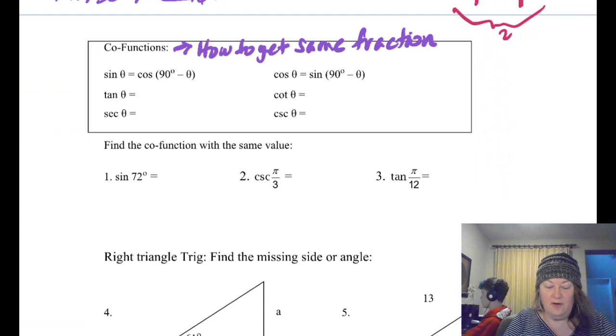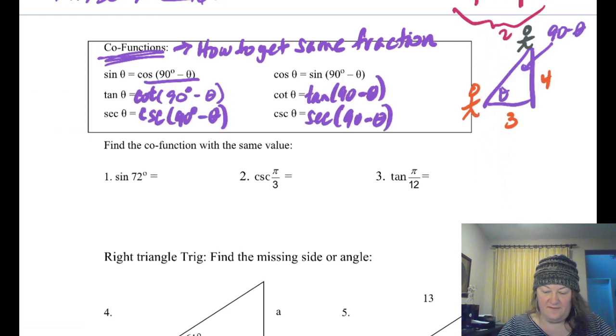So let's say that this one was a 3, 4, and 5 triangle. And I said, I'm this person right here in orange, and I want to know what is equal to sine when I'm standing where I'm at. Well, if I'm standing here, sine is 4 over 5.